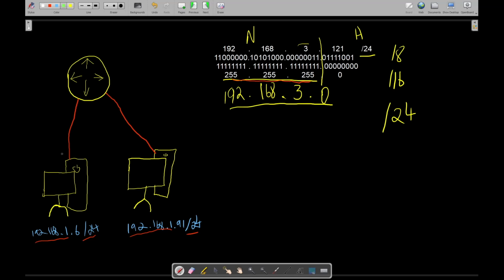Knowing that, all your computer has to do is open up the door and ask, who's got this address? I know it's in the same city as me. I know it's on my network. Whose computer is this? So it sends out something called an ARP message.